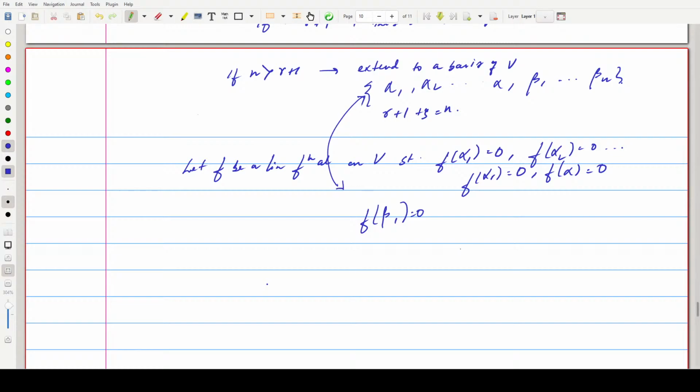So f of beta 2 equals 0, so on and so forth.